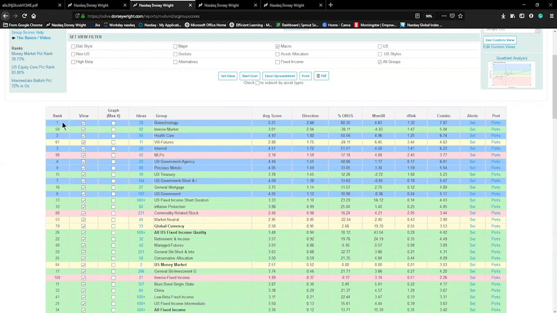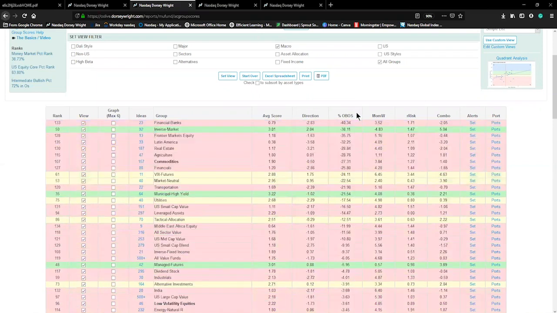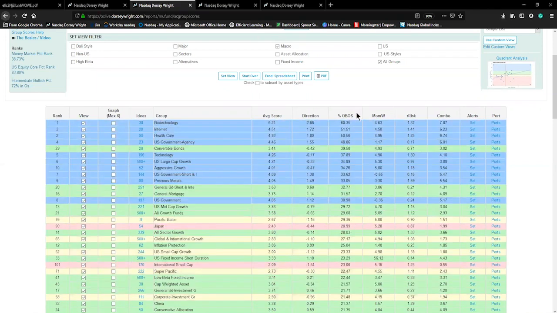So it's a pretty customizable ranking, in that you can click on these different columns to sort by whatever you're looking to further your analysis. The percent OBOS is the percent overbought, oversold, looking at the average overbought, oversold percentage of the underlying funds in each group.